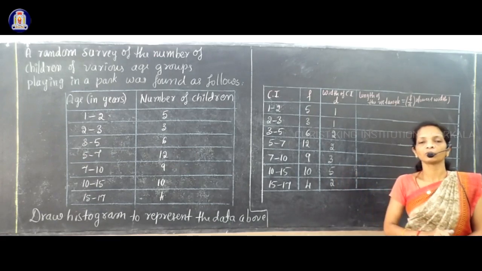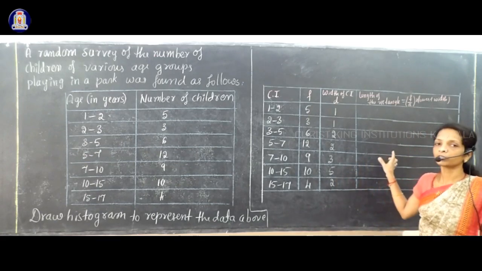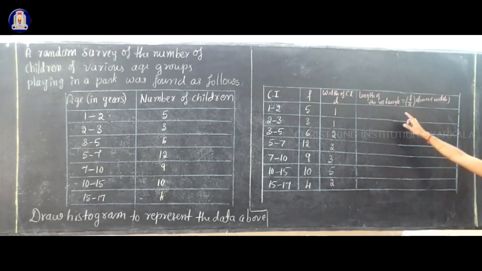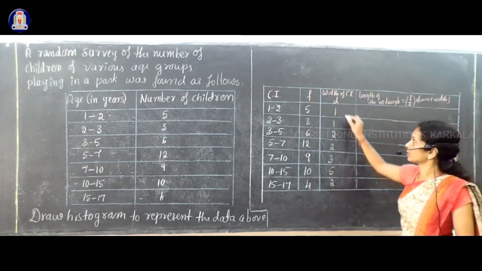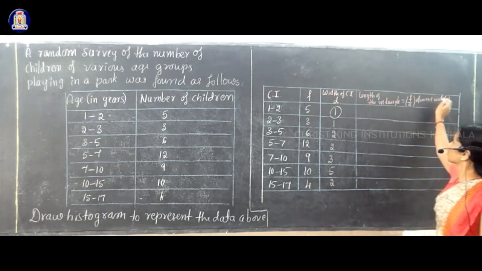So at that time, how to find the actual height of the rectangular bar? That is by using this formula. Okay, length of the rectangle is given by the formula f by d, frequency by the width of the class interval, into the lowest width. Okay, and among these d values, which is the lowest, that is 1. Okay, that is the lowest width.